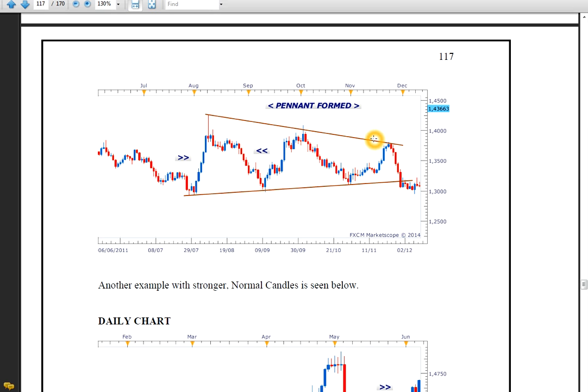So instead of having to wait until the market completes the formation to then trade within the boundaries of resistance and support, or to then trade the breakout, you can take advantage of the movements that lead to the formation of this setup by trading the strong bullish and bearish signals. So these are the types of waves that tell us that the market is going to be forming a consolidation.